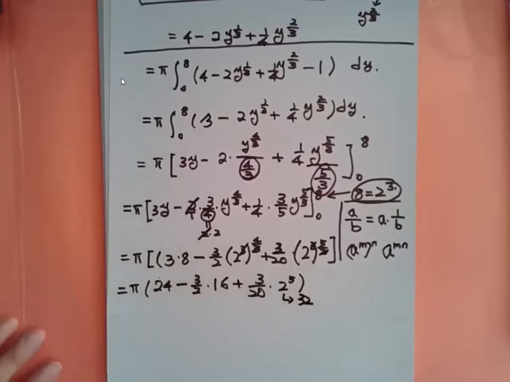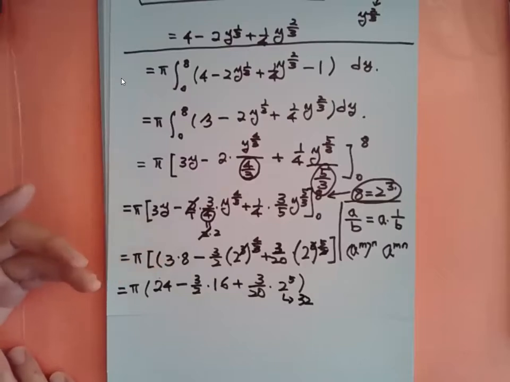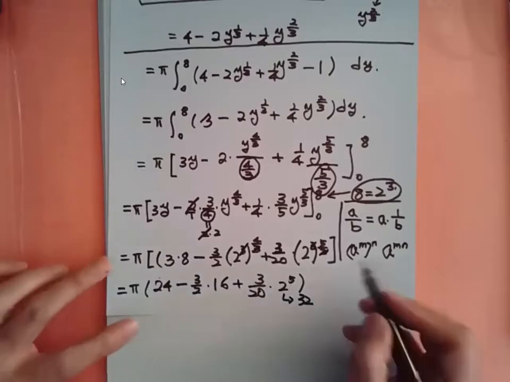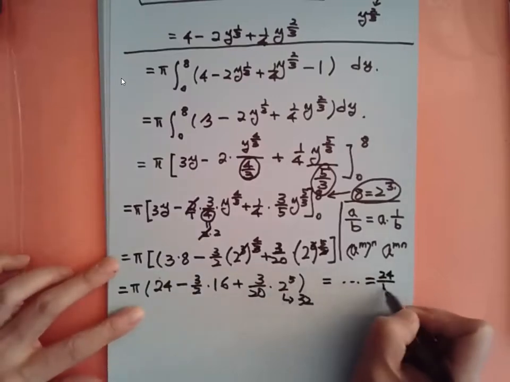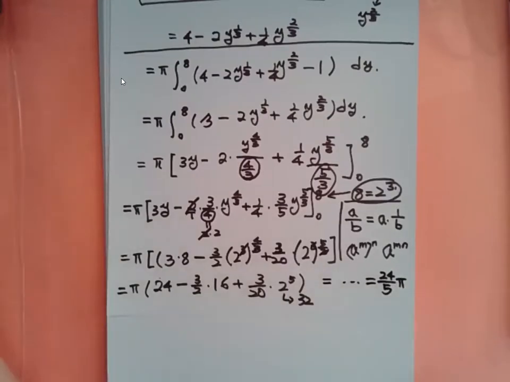And then the complicated part of the calculation is done, and the mechanical calculation should be performed until you get 24/5 pi. I will not go through the mechanical calculation. That is the last problem in this section.